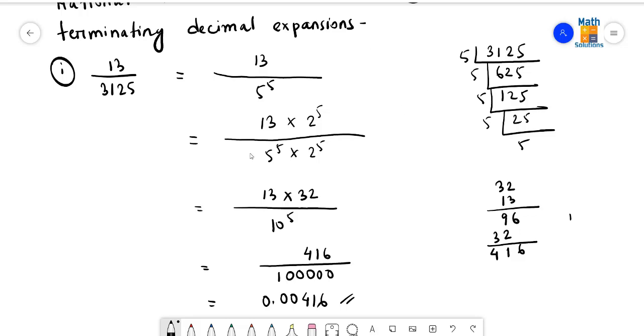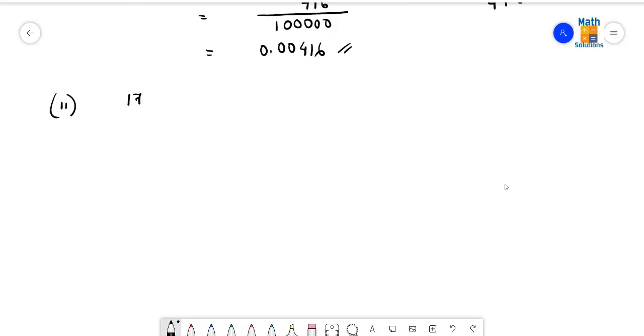So next question, here I get it to be 17 by 8, which can be written as 17 by 2 cube. So to convert the denominator into powers of 10, what do we have to do? Both numerator and denominator should be multiplied by 5 cube.